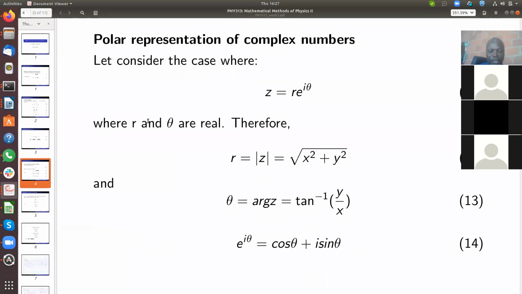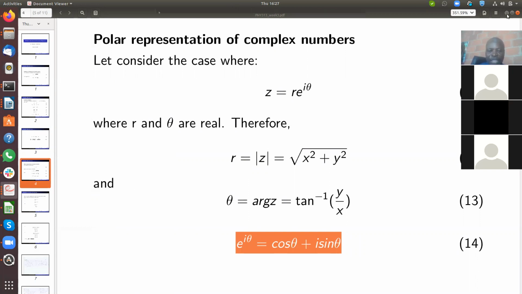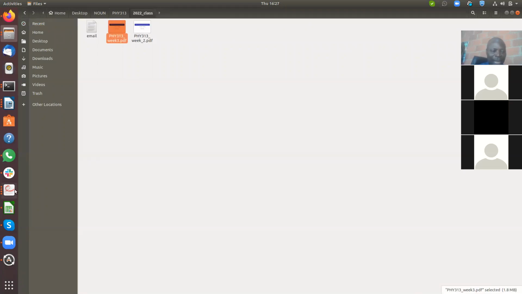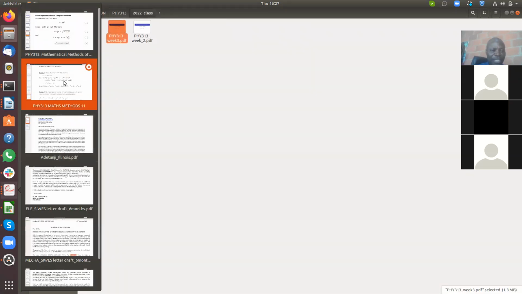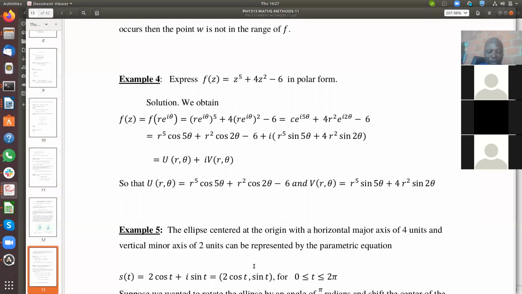You remember this expression? John, you have a question. Yes, sir. Where you see exponential i theta, I remember. So this is what they use in solving the problem here. Where you see exponential i theta, you just replace it with cos theta plus i sin theta.